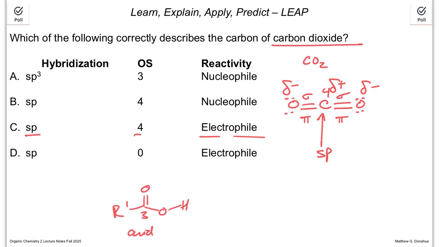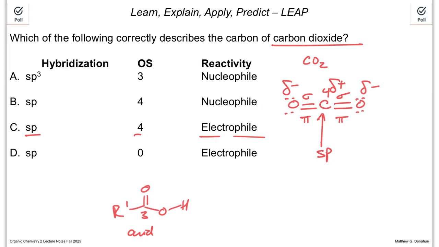So the acid oxidation state is 3. Carbon dioxide has an oxidation state of 4. The carbon's electrophilic. That means we can use CO2 as a reagent with a nucleophile to attack that carbon, which will break a C=O pi bond.